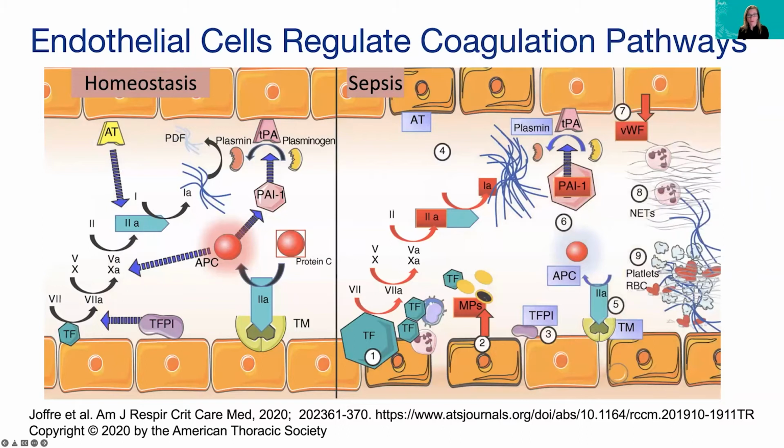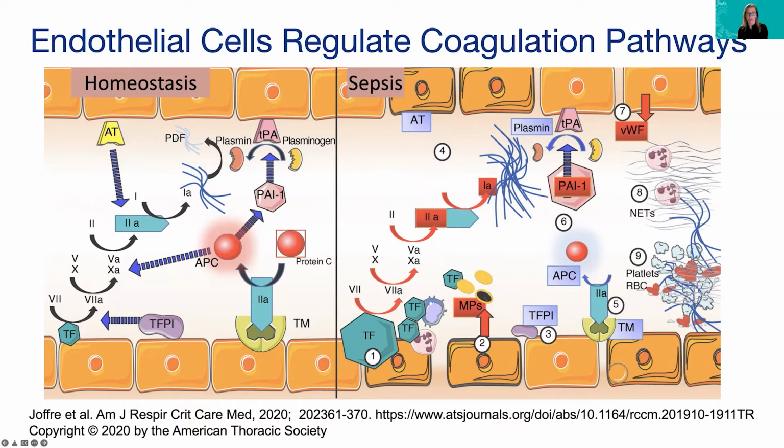Endothelial cells help to maintain the balance of the coagulation pathways. Vascular injury induces the upregulation of tissue factor, which initiates the coagulation cascade. Fine-tuned counter-regulatory mechanisms limit the extent of coagulation and promote fibrinolysis. Sepsis induces a shift of the endothelial cell profile toward a procoagulant and antifibrinolytic phenotype.